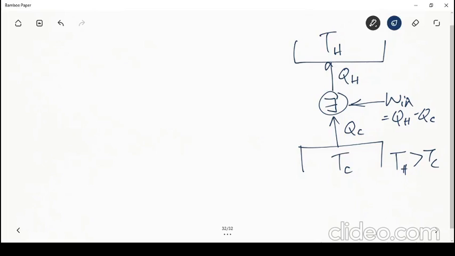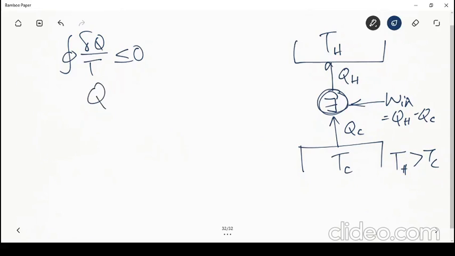and this is the work input. So now if I apply the Clausius inequality to this situation, then I get cyclic integral of del Q by T is less than or equal to 0. Here QC is a positive quantity because it comes into the system, and QH is a quantity with a negative sign, because it goes out of the system.